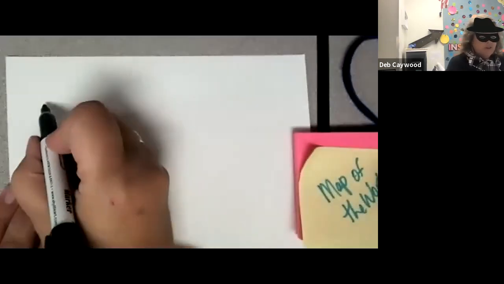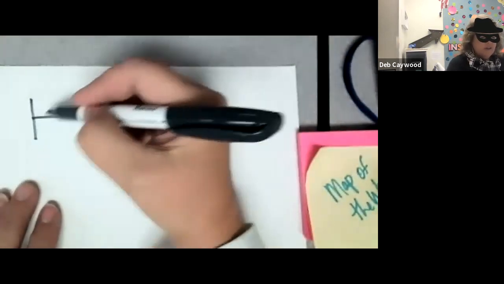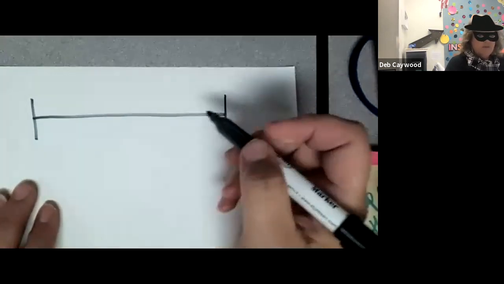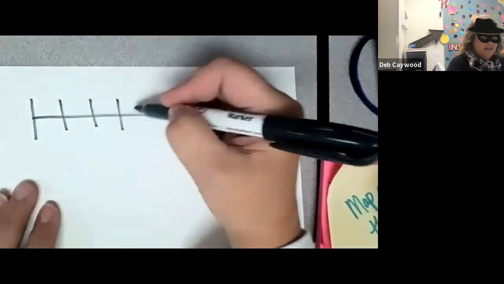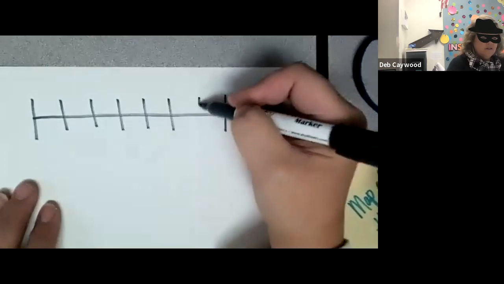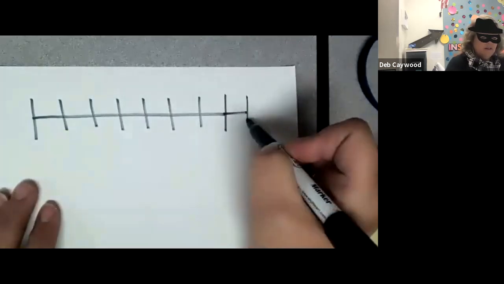Ta-da! All right, and we're going to make what kind of looks like a number line, but it's really not going to be. So I'm going to make it like this, and then I'm going to try and divide it into 8 sections. 1, 2, 3, 4, 5, 6, 7, 8.